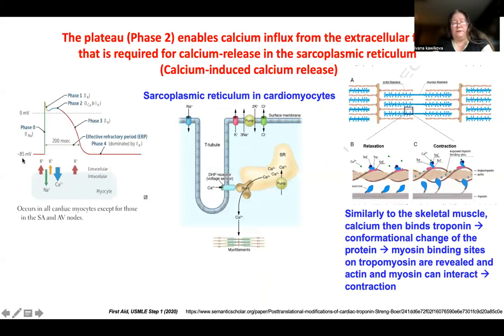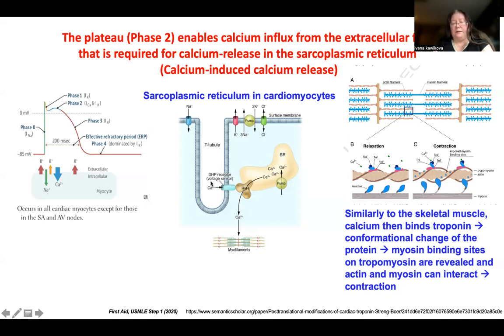So here you see the same figure, just a slightly different diagram. And now the calcium influx here is key for the contraction. Here you see the change of membrane potential and the T-tubule, those invaginations that surround the contractile apparatus.